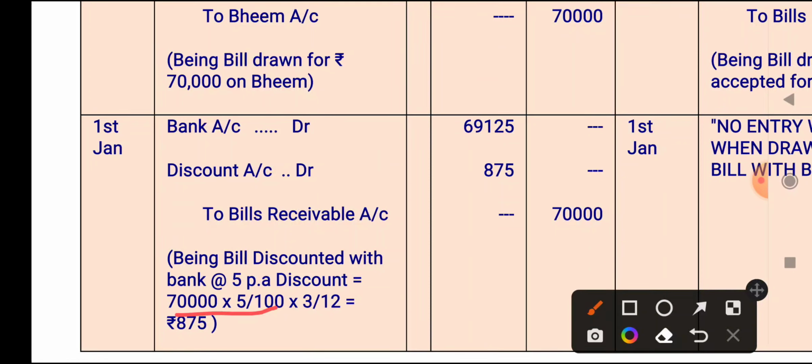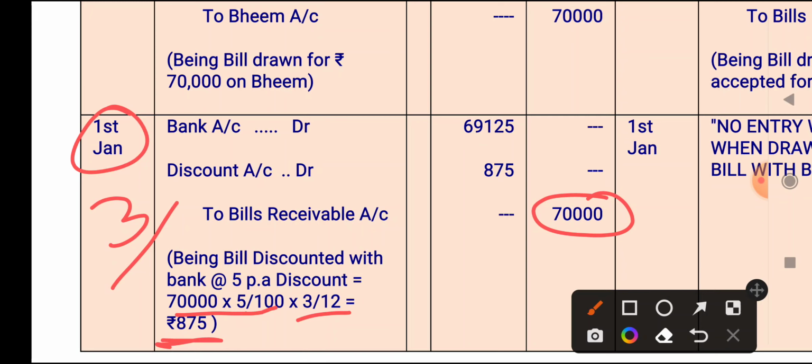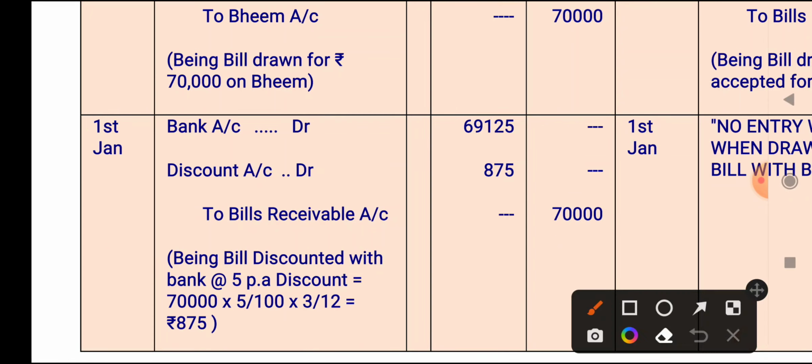See, 70,000 into 5 by 100 into 3 by 12, because the bill time period is 3 months. So from 1st January, discount for 3 months. So 3 by 12, it will be 875. So out of 70,000, if you deduct discount 875, 69,125 will be the balance received by Ram from the bank.